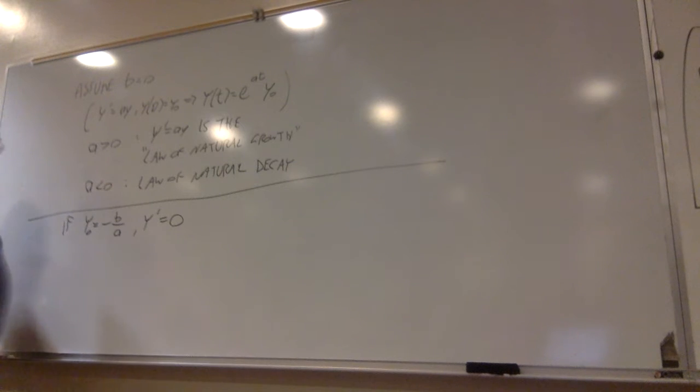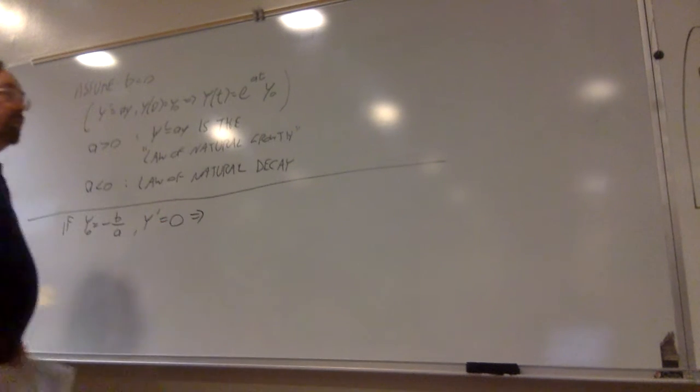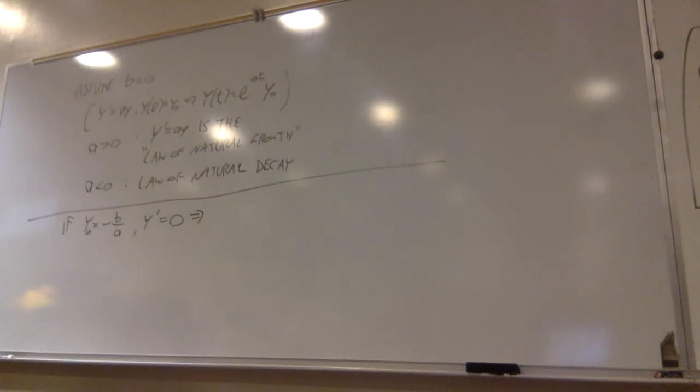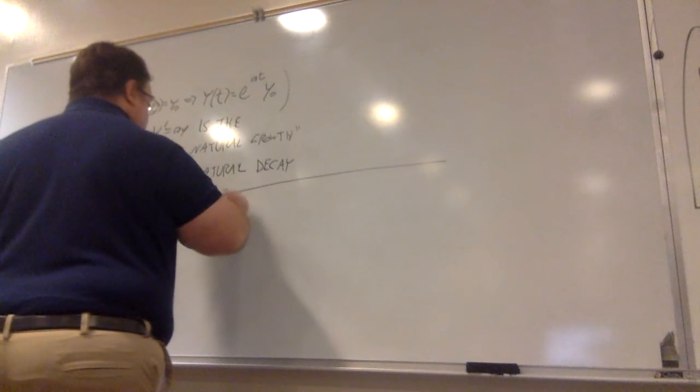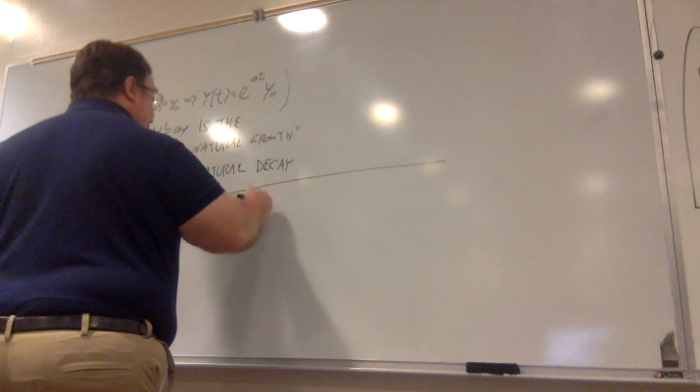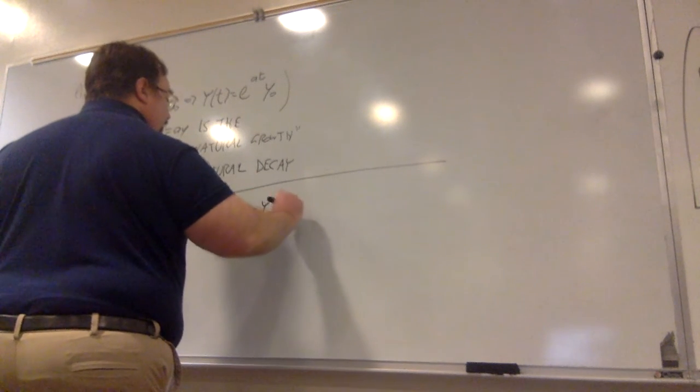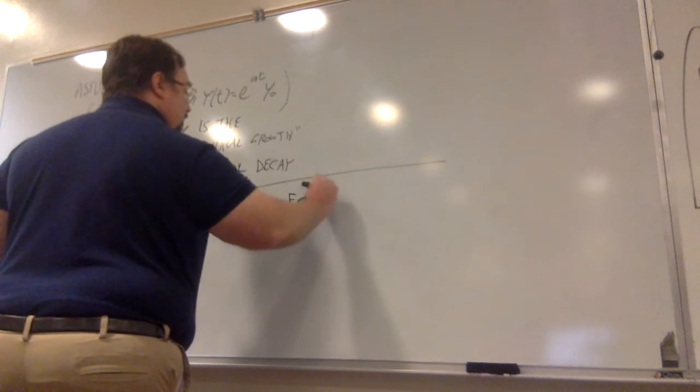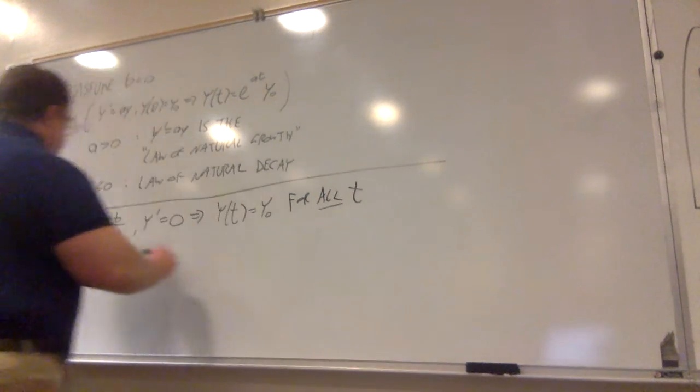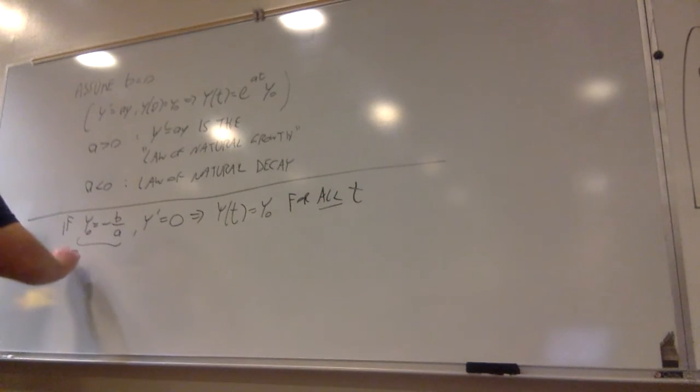So what happens is minus B over A is the one and only equilibrium solution. So y of t is just equal to y naught for all t. So this is the equilibrium.